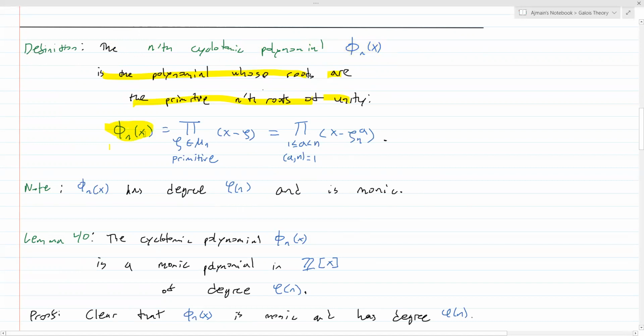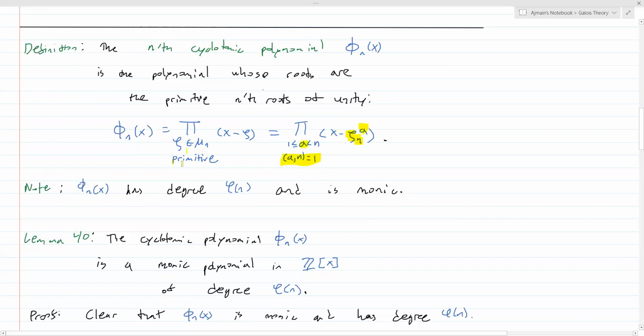The definition of phi n is the product over all monomials x minus zeta, where zeta is a primitive nth root of unity. In other words, it's a product of x minus zeta n to the a, where a is coprime with n.